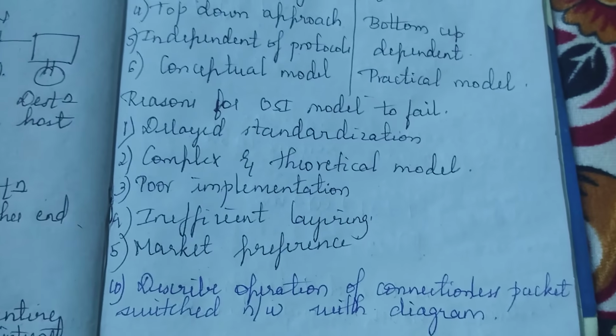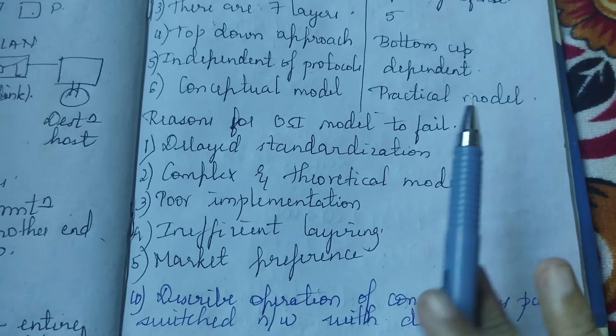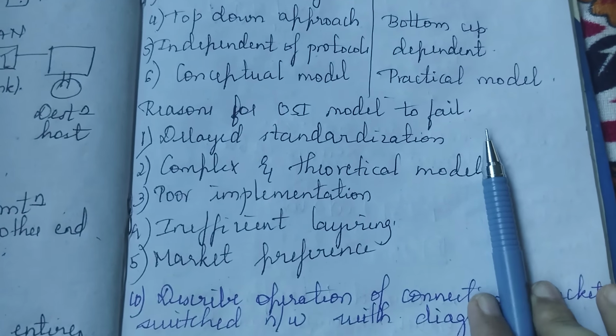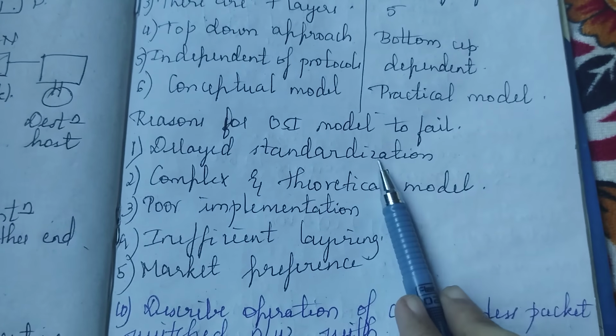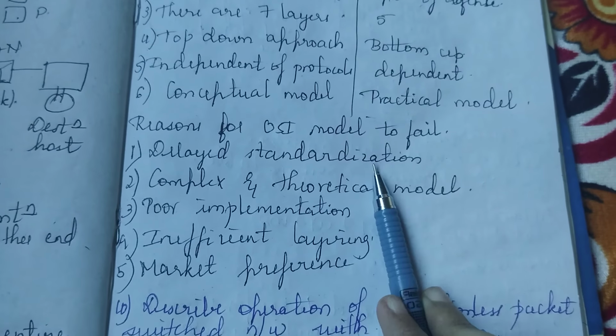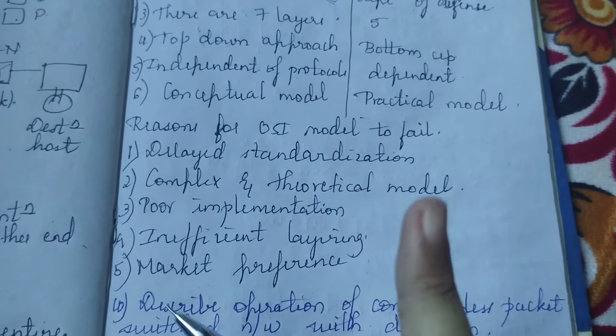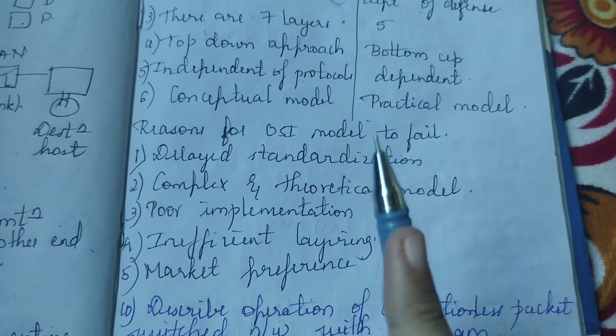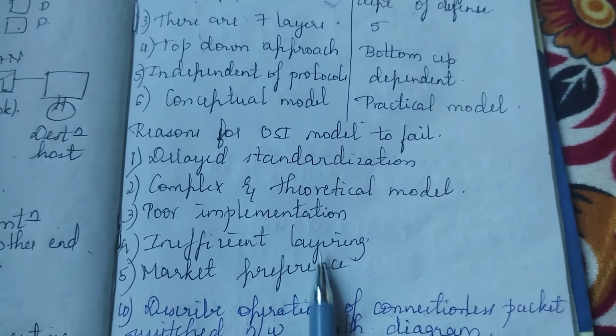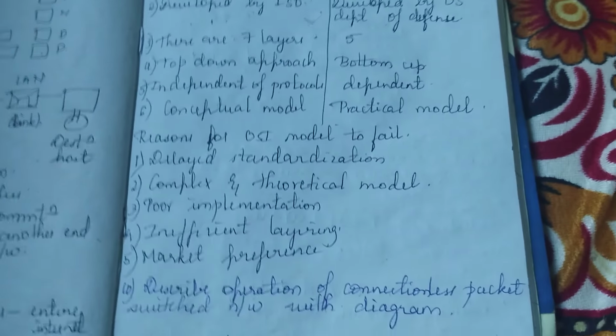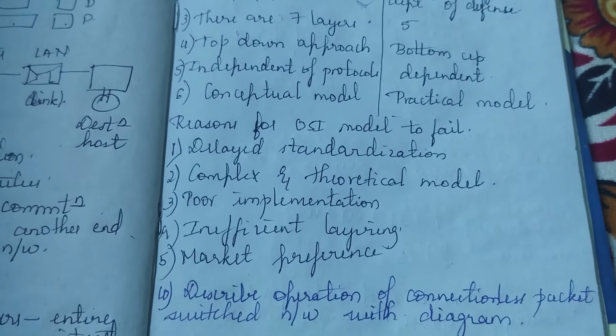Now we have to tell the reasons for the OSI model failing. One is delayed standardization. These points you have to write and explain in a sentence according to the scheme of evaluation. If you can't use these exact words, you can remember this story and write it as it is.